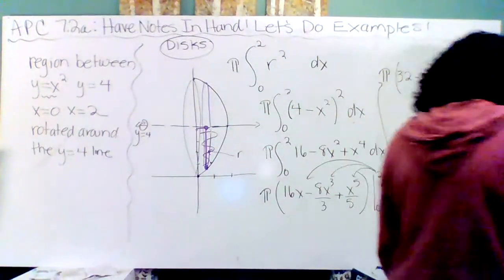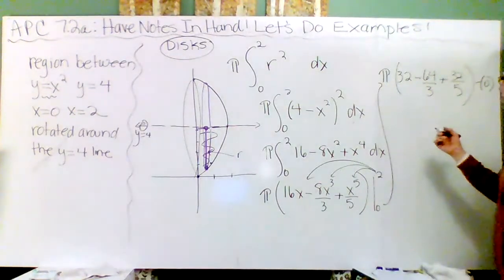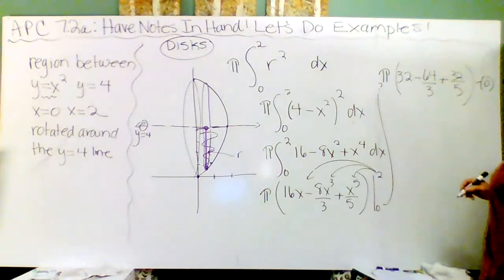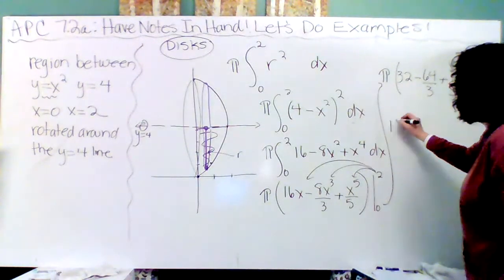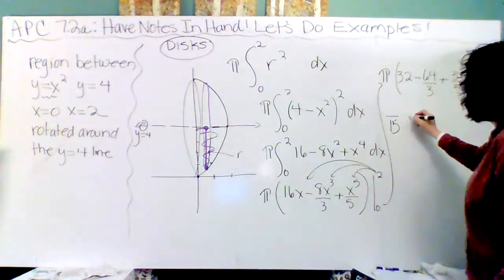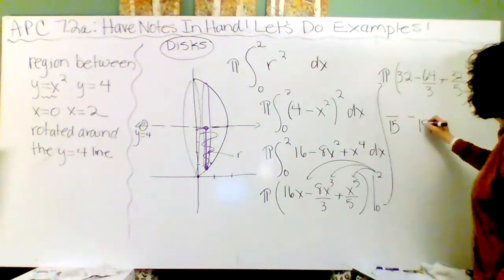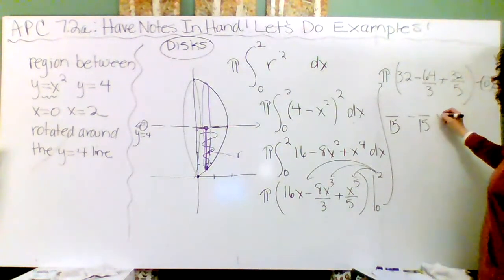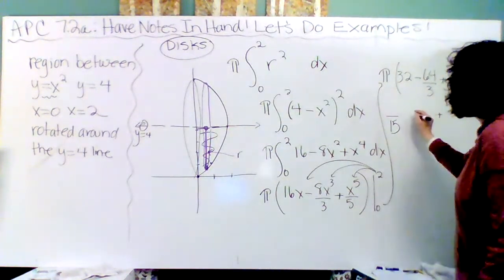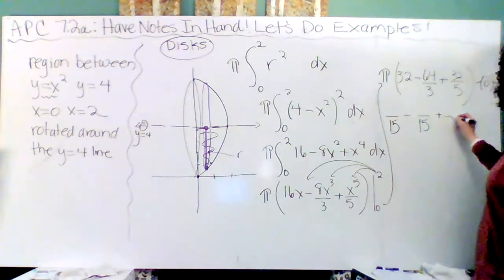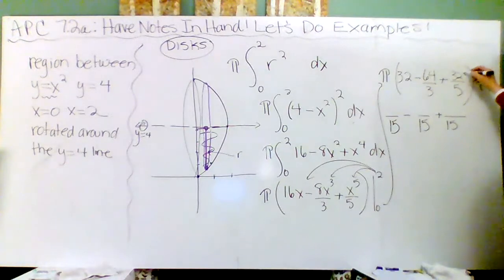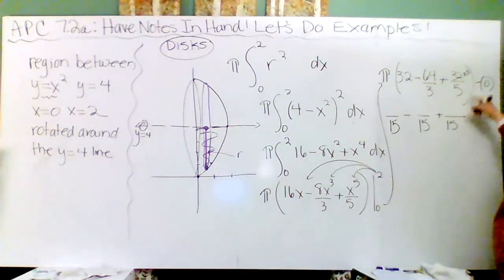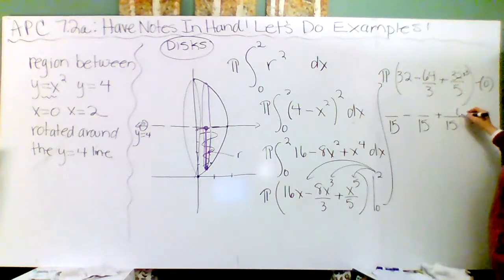Okay, so I see a common denominator of 15. So I'm going to get a common denominator. I'm multiplying here by 3. Hopefully I do, right? I multiplied the numerator and denominator by 3. That is 6.